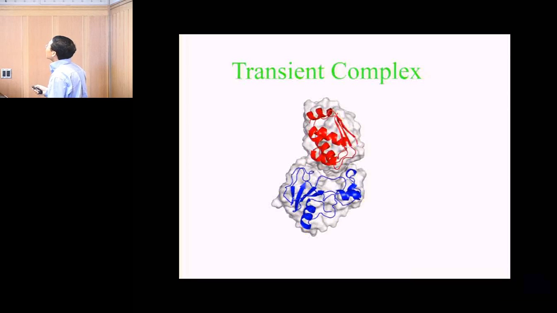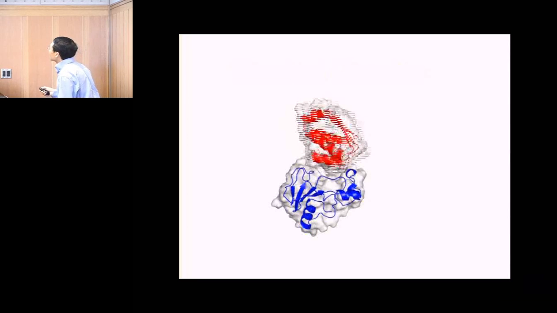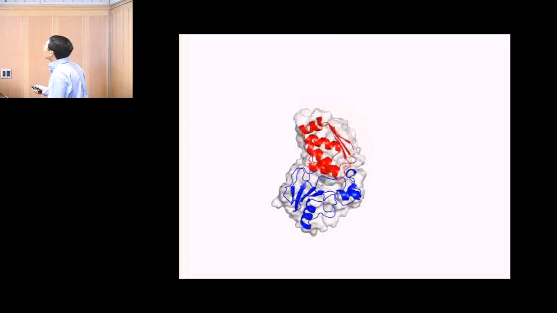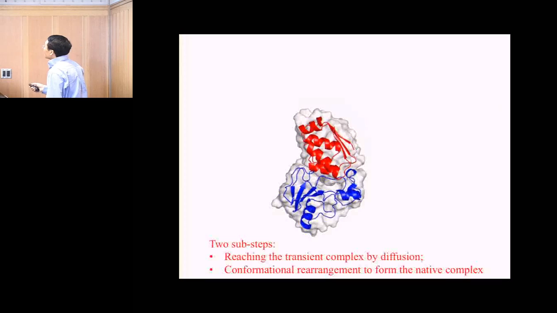Such an intermediate along the pathway of association we refer to as a transient complex. And once they reach the transient complex, they have to undergo further conformational rearrangement and tightening to form the native complex. For simplicity, we can divide this whole process of association into 2 sub-steps.